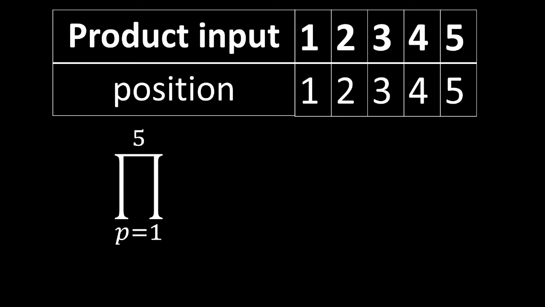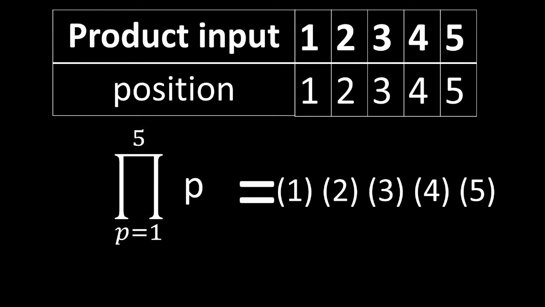So for every position we have, that's also the same input. So we could just put our position as the input. So this notation allows us to do that, where we could start at p is equal to 1 and input each position number. And that's just going to be equal to 1 times 2 times 3 times 4 times 5.